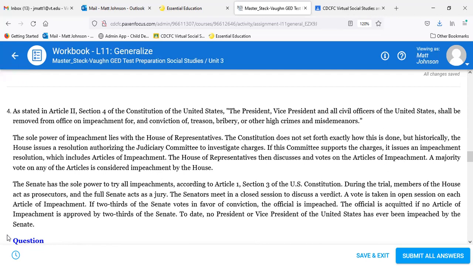If this committee supports the charges, it issues an impeachment resolution, which includes articles of impeachment. The House of Representatives then discusses and votes on the articles of impeachment. A majority vote on any of the articles is considered impeachment by the House.